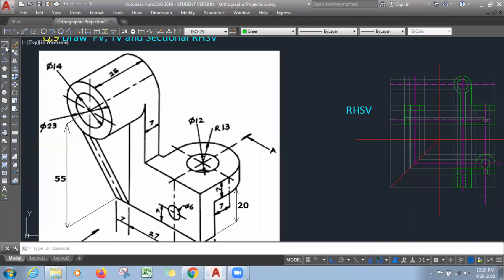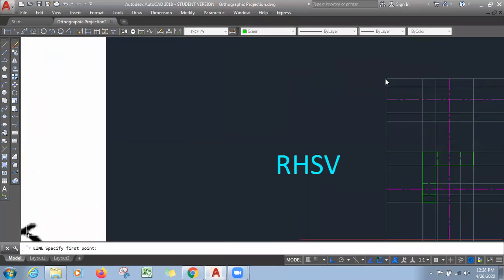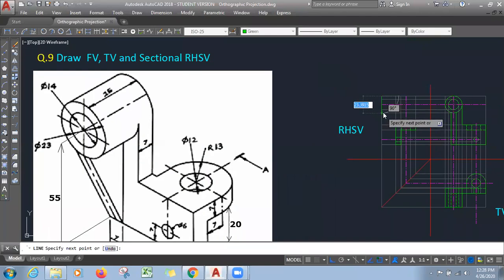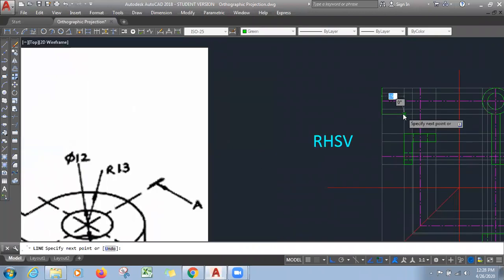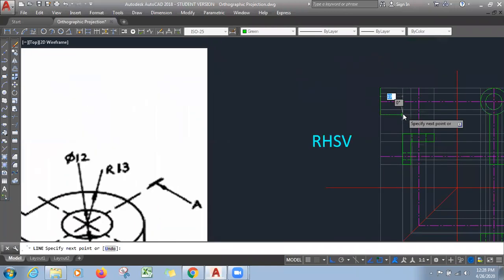We already have projections, so you can see the depth of the cylinder is how much, height is this one, and length we have projected here, length is this one, not this one. You see, length is up to this, length is up to this.